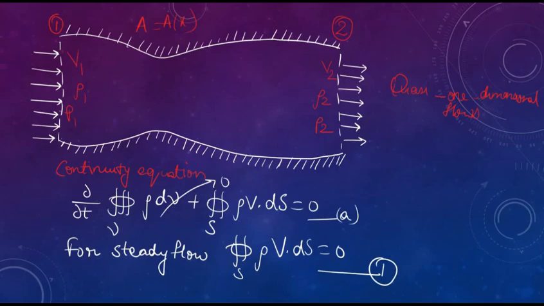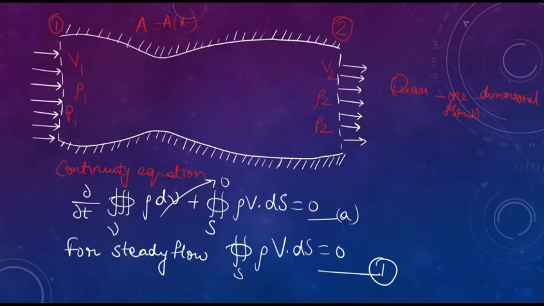Now what I would do is apply this equation 1 at station 1 and station 2 of this duct. Upon application, what is the equation that we get? In this duct, when we apply it to station 1 and station 2, the area at station 1 is A1 and at station 2 the area is A2.